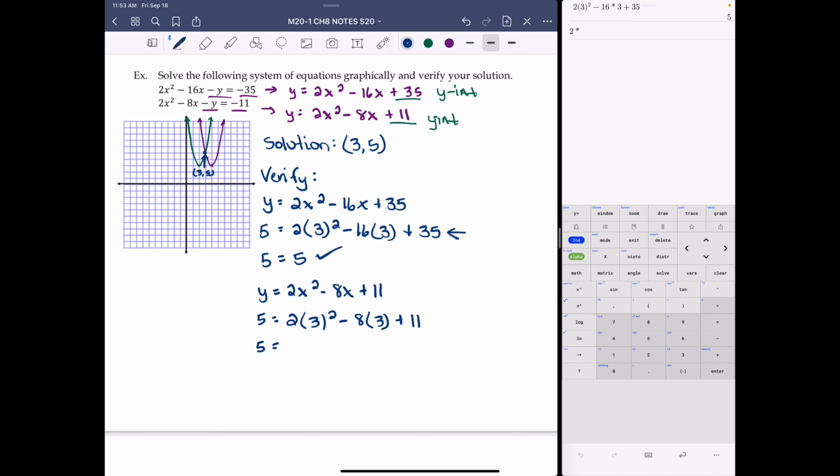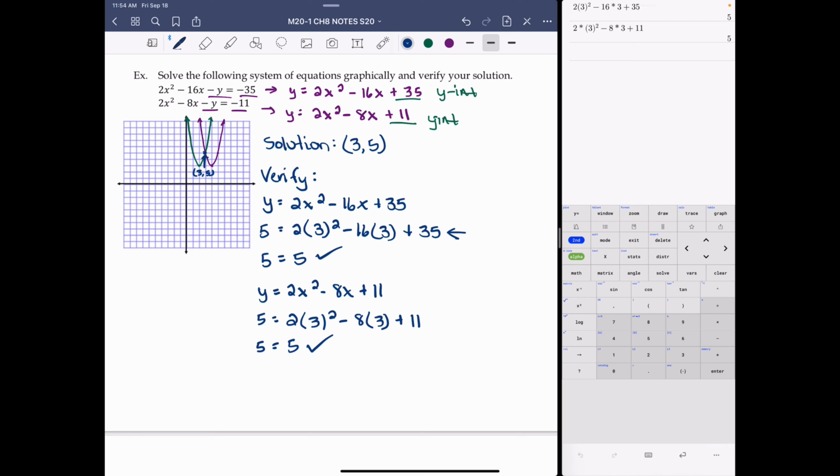I can do 2 times 3 squared. I don't actually need those brackets, but if it was a negative x value, then I would need those brackets. So it might be a good habit to just continue doing them. 8 times 3 and then plus 11, enter, and we get 5. 5 equals 5. So we verified our solution.